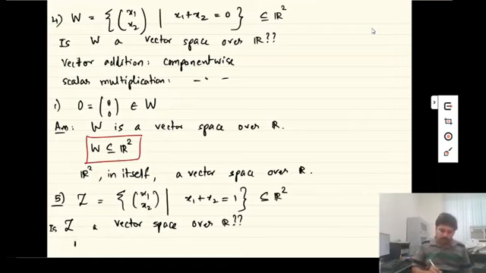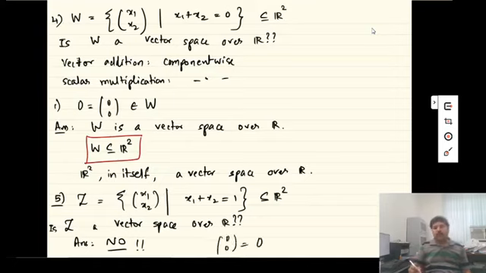And the answer is no. Can you tell me why? The very reason is that the zero vector (0, 0) does not belong to Z, because in order that the zero vector belong to Z, the addition of components should be equal to 1, but here the addition is always going to be 0. So the zero vector does not belong to Z.